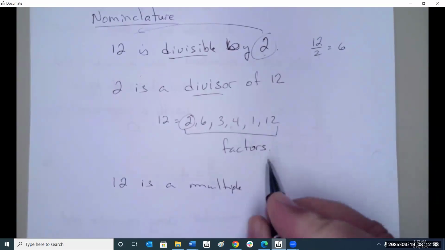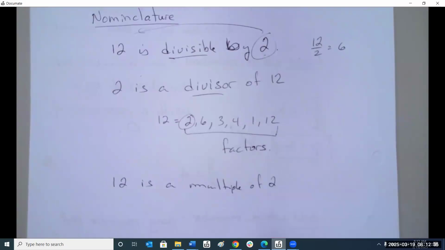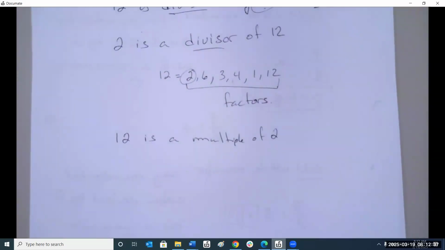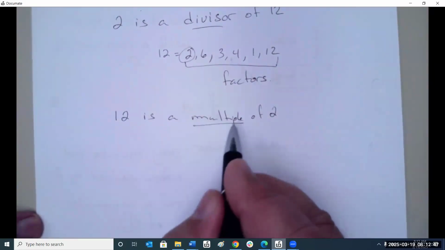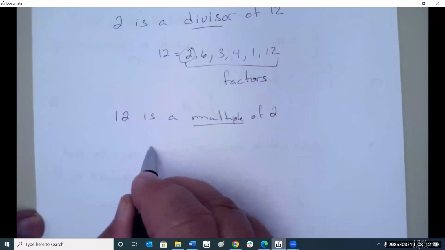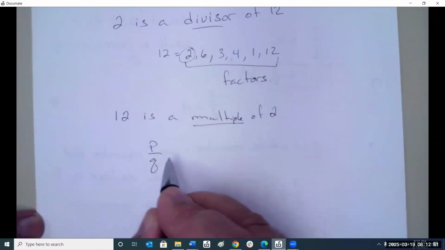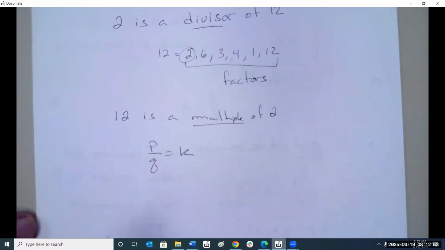Twelve is a multiple of 2. What does that mean? What this means is, well, remember we had P over Q equals some number K. That's the division problem.